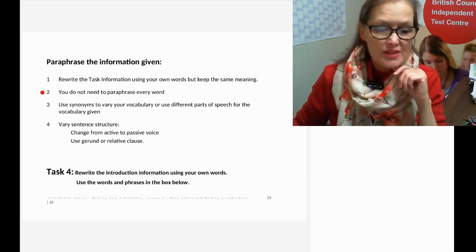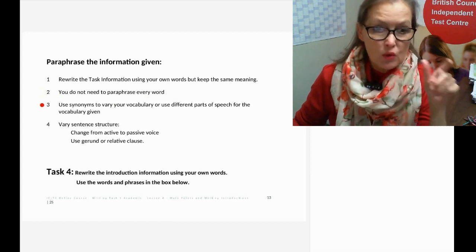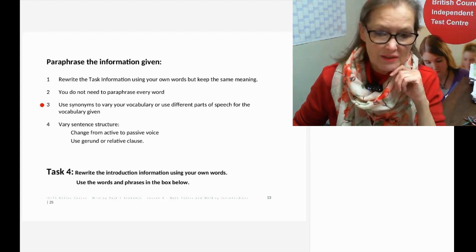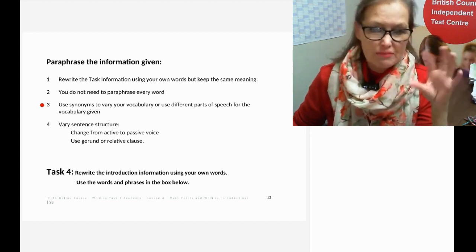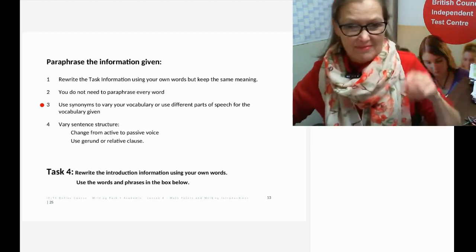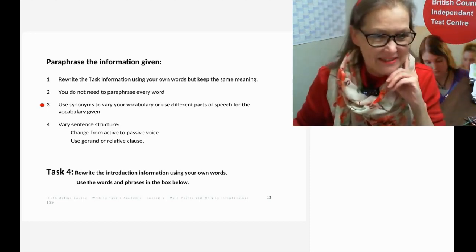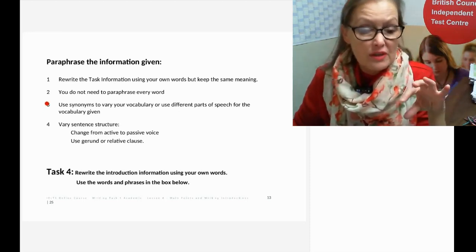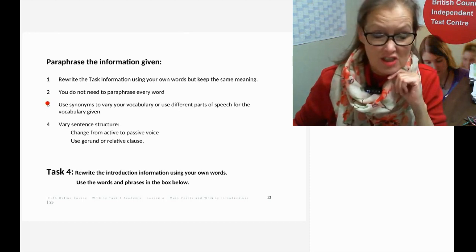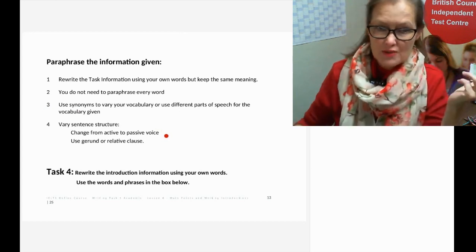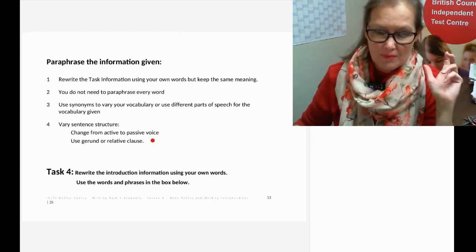And try to use synonyms or words with a similar meaning to vary your vocabulary. Or try to use a different part of speech. And I'll show you examples of that further on in this lesson. And then once again, you can also try to vary your sentence structure. For example, change from active to passive voice, or try to use a gerund or a relative clause.